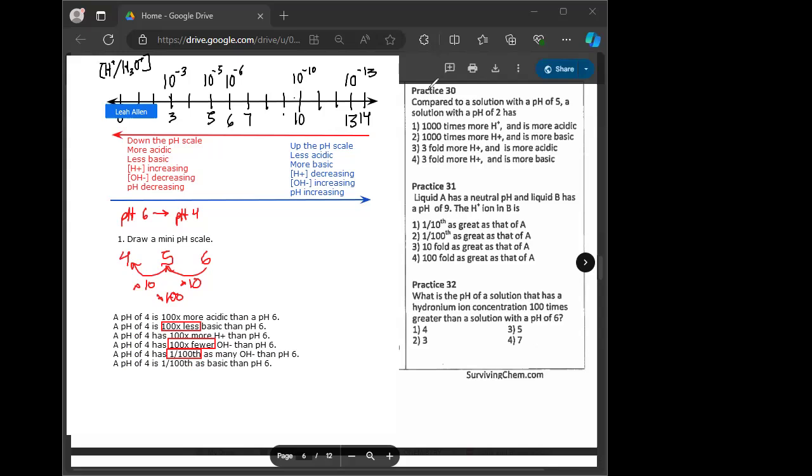All right, now let's say that we have a question that's talking about a substance going from a pH of 10 to a pH of 13. The very first thing that we should do is draw a mini pH scale. So we're definitely going to draw 10 and 13, and then any numbers in between, which should be 11 and 12.